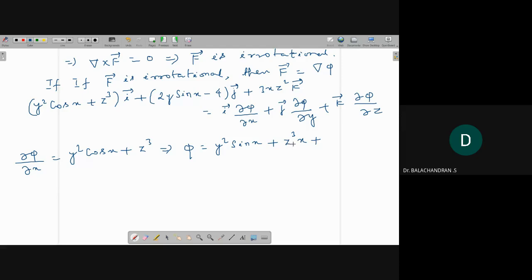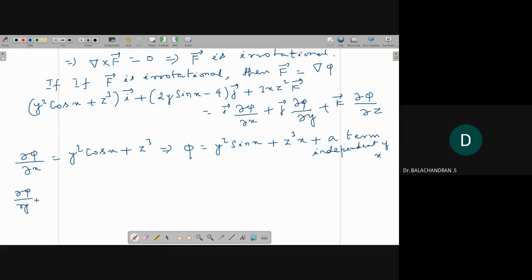Already we discussed a similar type of problem, and I told that it is better to write, instead of constant, a function of y and z. Otherwise, you can write a term independent of x.